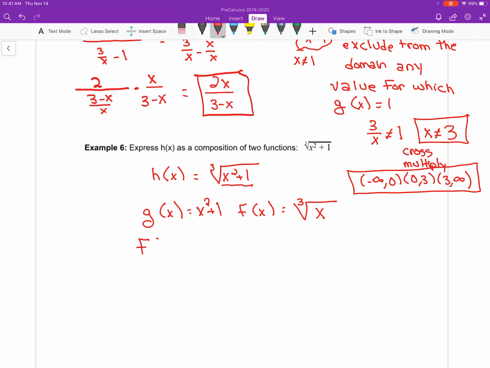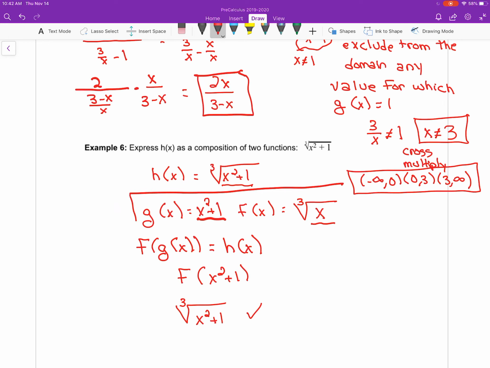So if I let f of g of x equal h of x, then f of x squared plus 1, I'm just taking that and plugging it into f, I end up with the cube root of x squared plus 1. So that's kind of the check. So this would be my answer into how would I break down the composition of two functions. And that's kind of how we do it. So that's going to take some playing with.